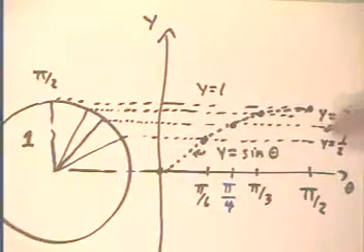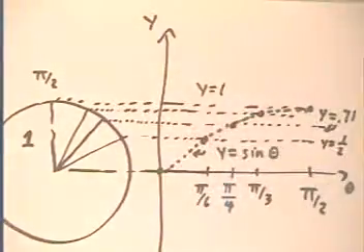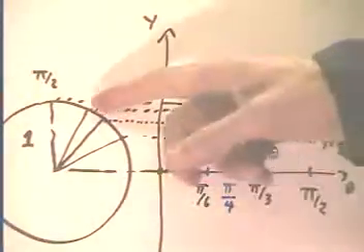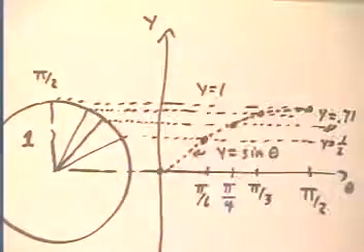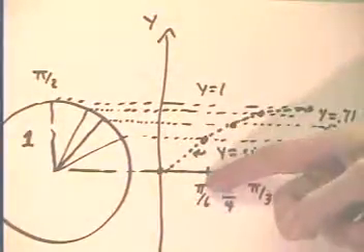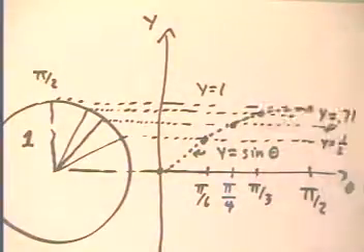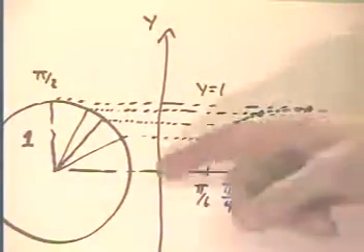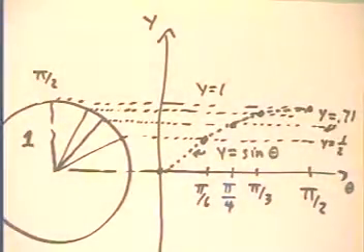We draw a line at y equals 0.71, corresponding to the pi over 4 angle, and at 0.87, square root of 3 over 2 for the pi over 3 angle. Then we locate the points: pi over 6, 0.5, pi over 4, 0.71, pi over 3, 0.87, pi over 2, 1, and of course 0, 0. We draw the curve, and we see the graph.